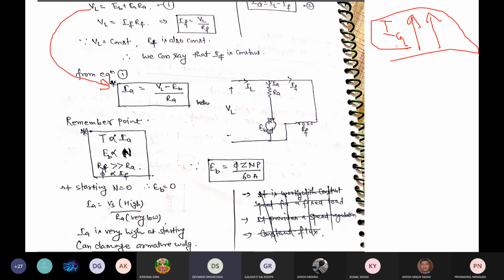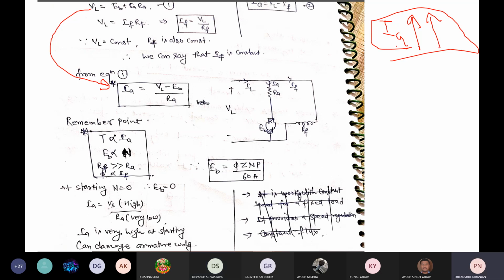To avoid this, we use the 3-point starter, sir. This is good, but I just want to know why at starting the back EMF is 0. Why? Because sir, there is no rotation, so EB is equal to phi Z N P upon 60 A, and N is 0, so EB is equal to 0.